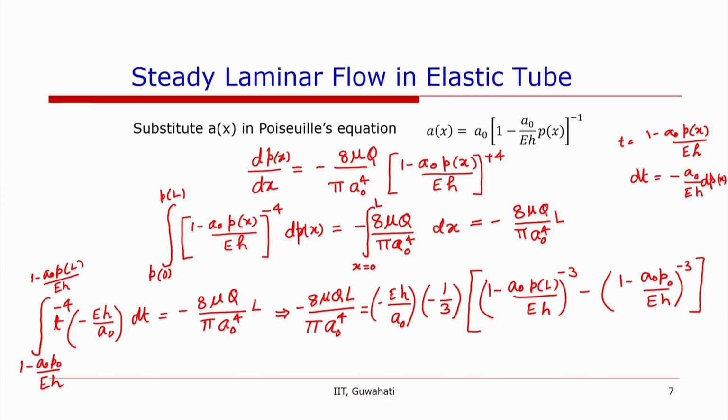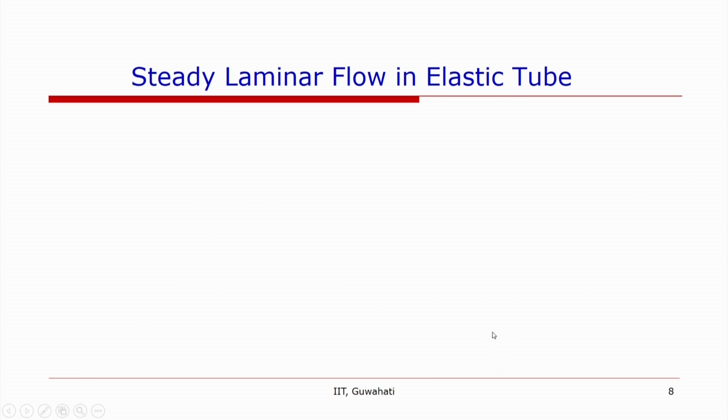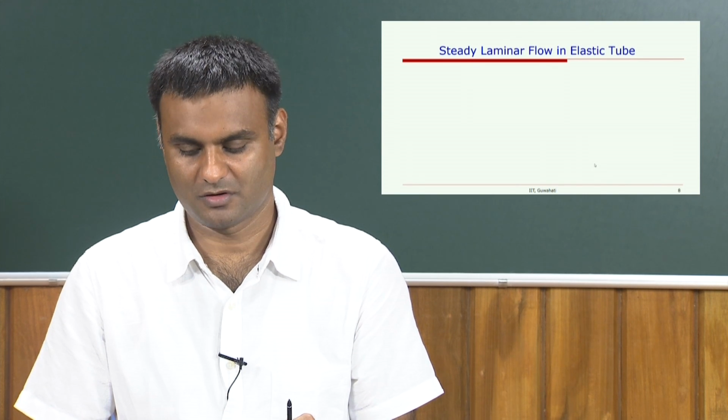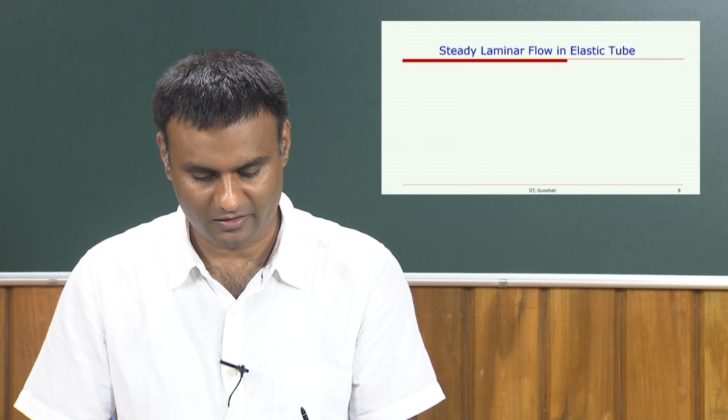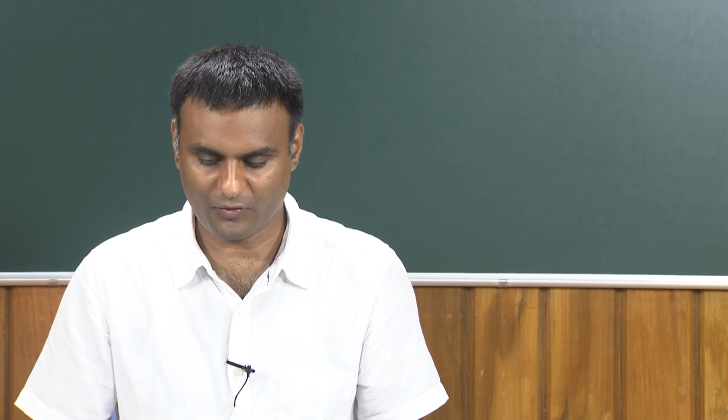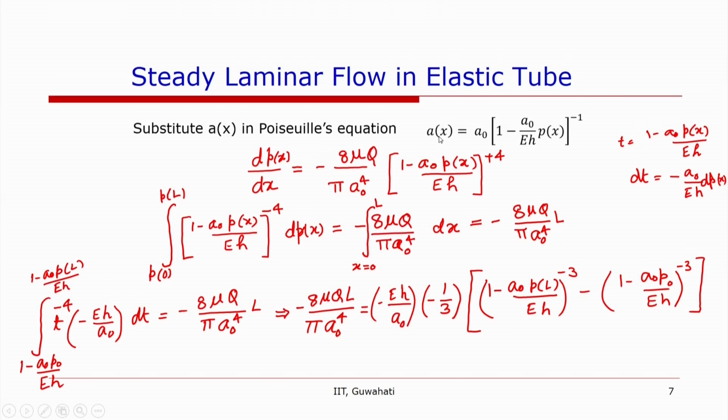So this equation does not come out to be a simple one, but still we have managed to solve this equation successfully for an elastic tube. And if we go back and look at the relationship between A and P, this is not a linear relationship. A of Px is about, not exactly, but about inversely proportional to Px.